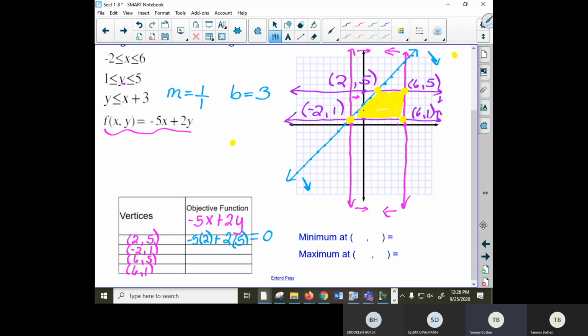Okay? Then we put negative 2 in for x, and we put a positive 1 in for y. Negative 5 times the negative 2 is a positive 10, plus 2 is going to be 12. Then if I put 6 in for x and 5 in for y, that's a negative 30 plus 10, which is negative 20.